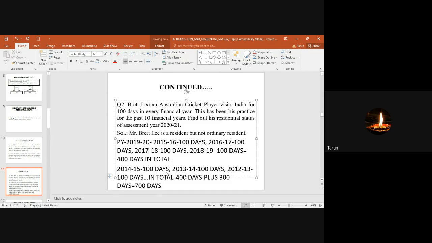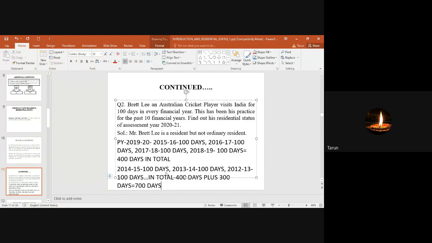As a result, Bradley has become a resident of India, but he is a not ordinary resident of India, right? In other words, we say 7 years out of 10 years. So 7 into 100 becomes 700 days, which is already calculated.